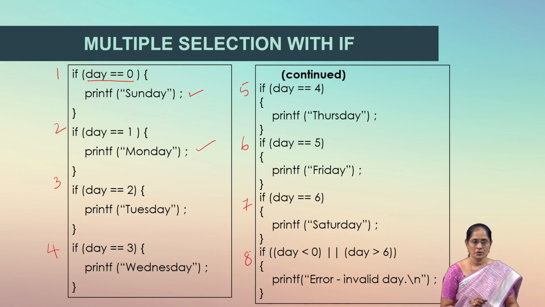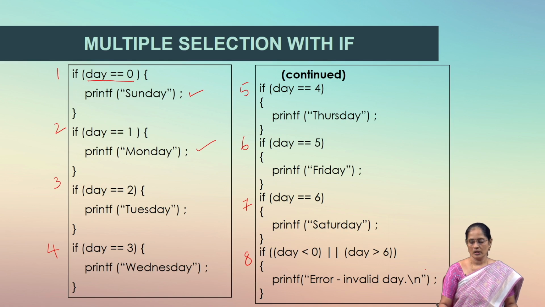The 8th condition will help us check if the value falls out of the range, that is, if it is not in the range 0 to 6. 0 to 6 is meant for checking the 7 days of a week. If it is out of this range, we have to indicate that using an error message saying that the day is an invalid day.